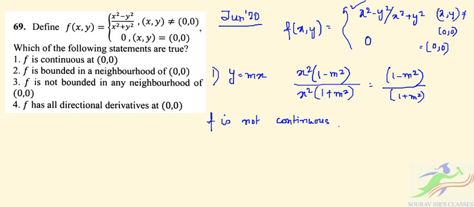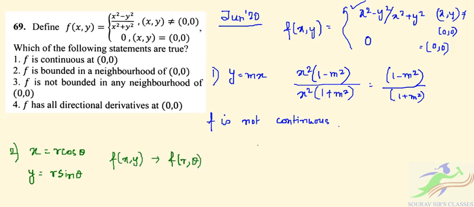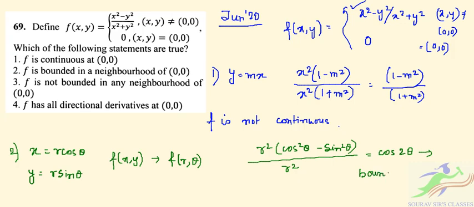Let us check option 2. If we put x = r cos θ and y = r sin θ, and put in the value, we map f(x,y) to f(r,θ). Here we will have r²(cos²θ − sin²θ) over r², which is nothing but cos 2θ, which is bounded for all θ.